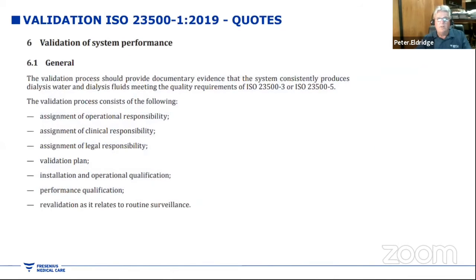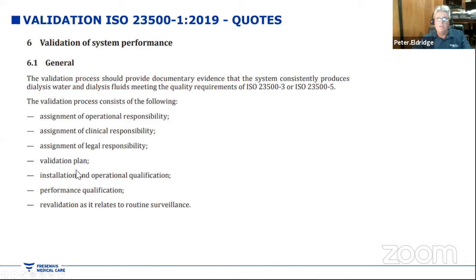I will bring out a couple of slides from the ISO, and the first one is about validation of the system. So any medical device and any water that's used for injection has to be validated. So the system needs to be validated. So we need to do things like assign operational responsibility, assignment of clinical responsibility, assignment of legal responsibility.